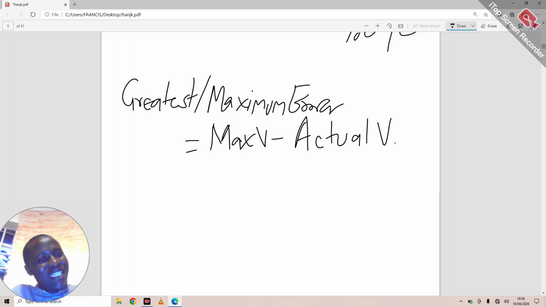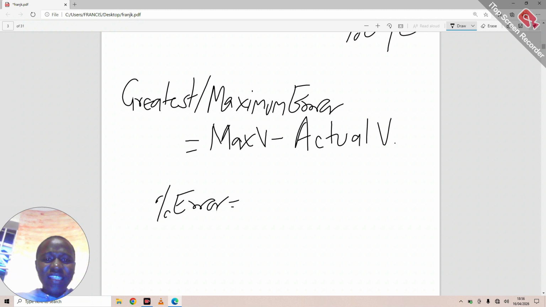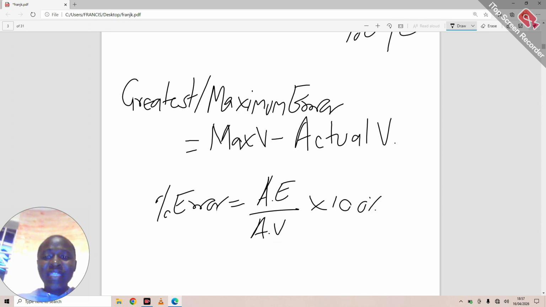Remember, an examiner will tell you, get the maximum percentage error. In your mind, you know very well that percentage error is given by taking the absolute error over the actual value, multiplied by 100%. But this one is wrong. An examiner has used a certain term there. And which term is it?